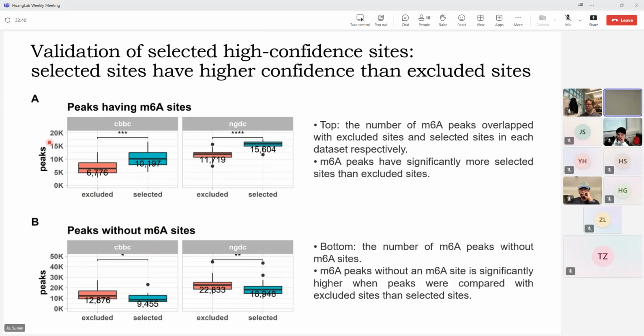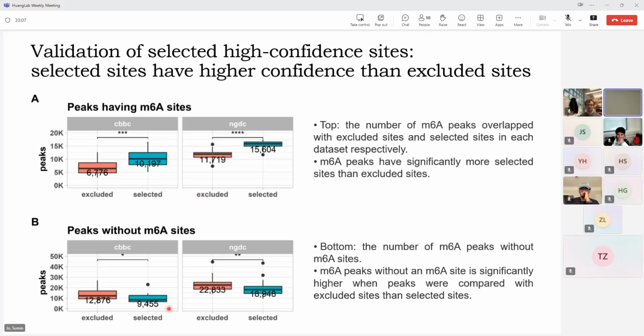The top panel shows the number of m6A peaks that overlapped with these excluded sites versus selected sites in each data set respectively. We can see that the m6A peaks significantly overlap more selected sites than excluded sites.